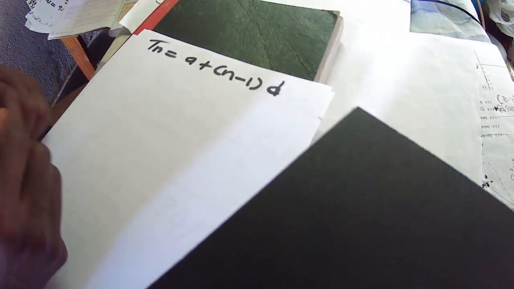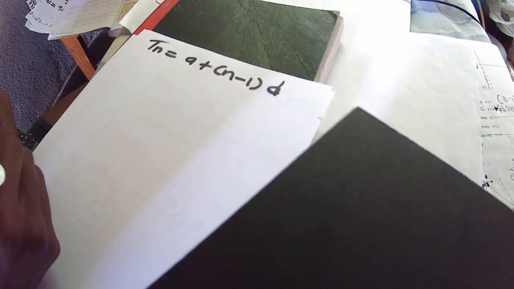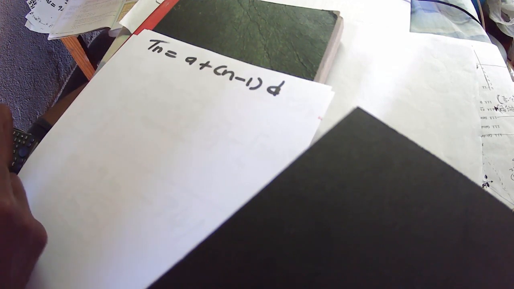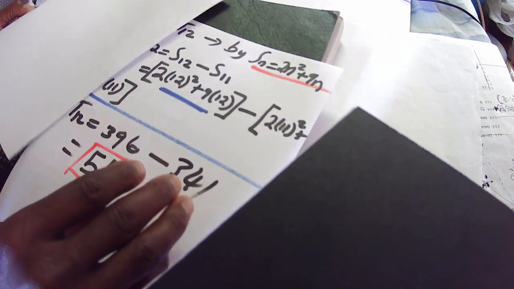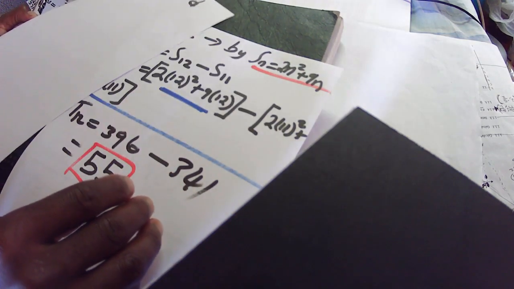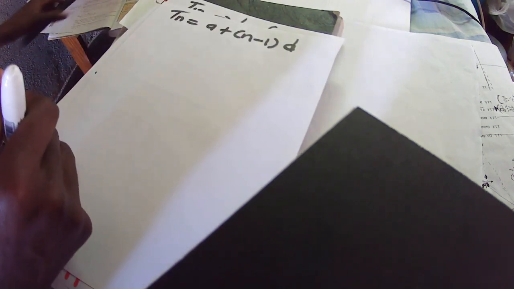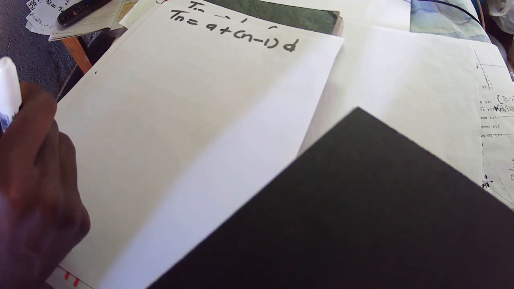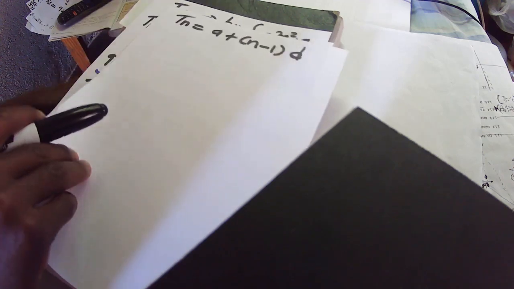So we need a, d, and Tn, but Tn is the 12th term.